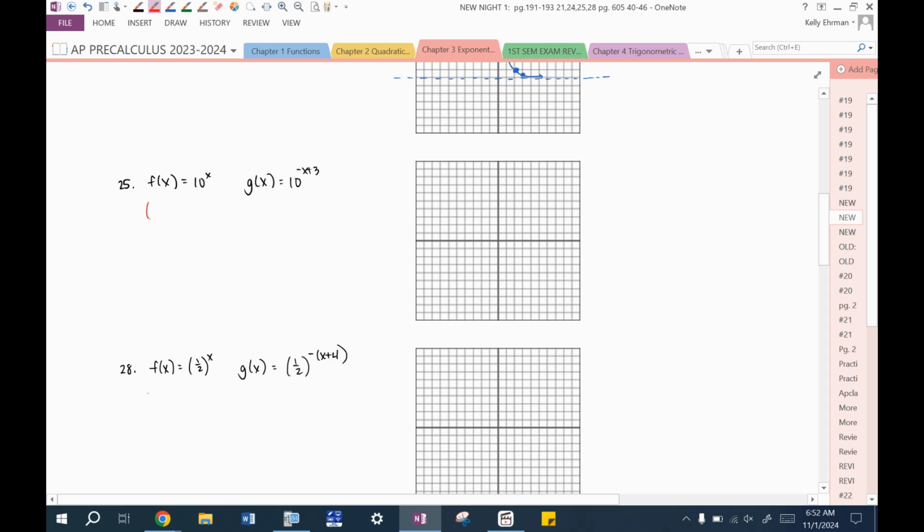All right, nice points on this one are (0, 1) and (1, 10). And if you plug in -1, the reciprocal of 10 is 1/10. Y equals 0. What's happening here? This is one of those special case ones. Remember, if you have a y-axis reflection and a horizontal shift, you've got to factor the negative out to see which way the shift is really going.